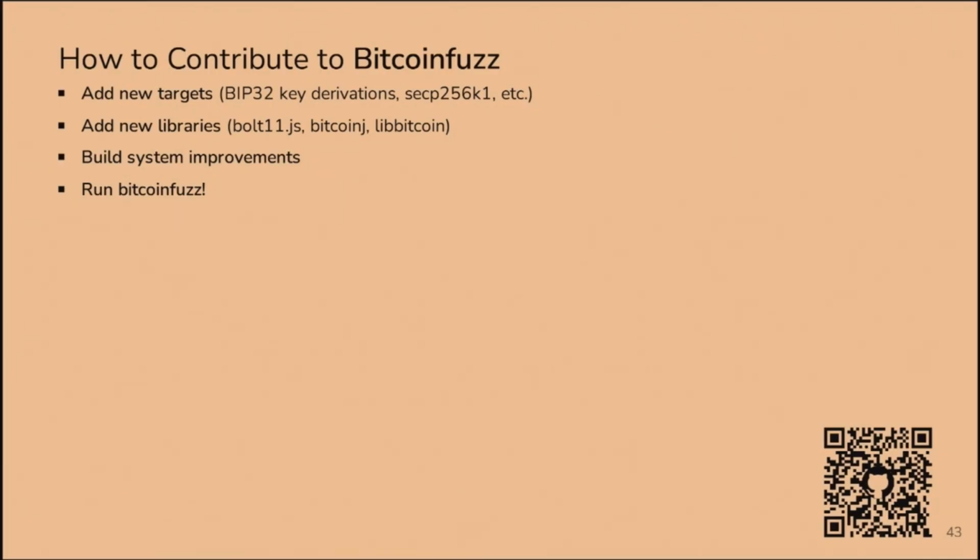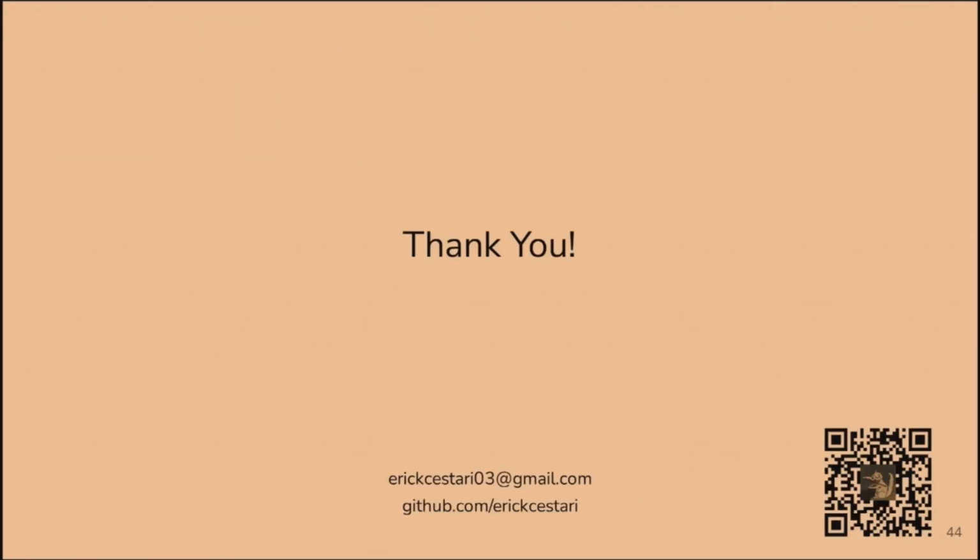Another one is to just run Bitcoin Fuzz and share the corpus generated by the fuzzer in the corpora repository we have in the Bitcoin Fuzz organization, where we commit the corpus. And that's basically it. Thank you.